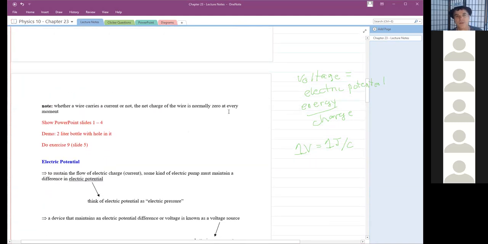Okay, a couple things. Wires are normally neutral. Just because a wire has current flowing through it does not mean it's charged. So this little note: whether a wire carries current or not, the charge is normally 0 because the wire itself is generally neutral.